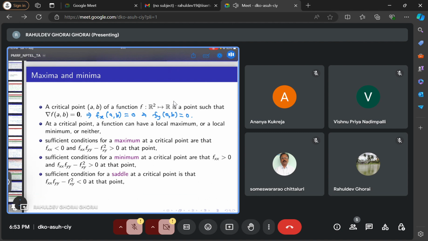So if these two things happen, then it will be a maximum. Otherwise, if fxx is greater than 0 and fxx fyy minus (fxy) square is greater than 0, then that will be a minimum. Otherwise, if fxx fyy minus (fxy) square is less than 0, it will be a saddle point. These three are very important.